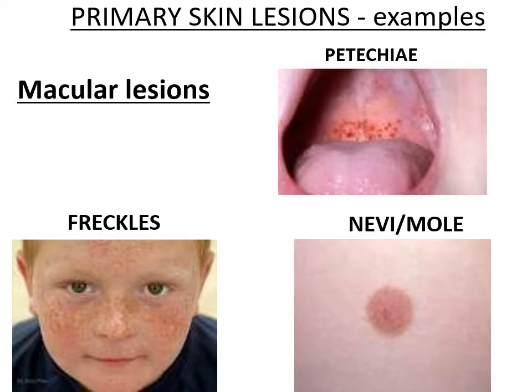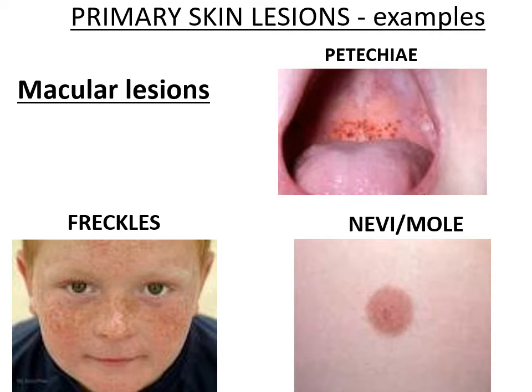Okay, so let's look at some examples again. So in dermatology, looking at examples and pictures is much easier than trying to describe them. So when we're talking about macular lesions, that's flat. So at the back of this person's throat, those are petechiae. Well, petechiae are totally flat, whether they're at the back of your throat or on your skin.